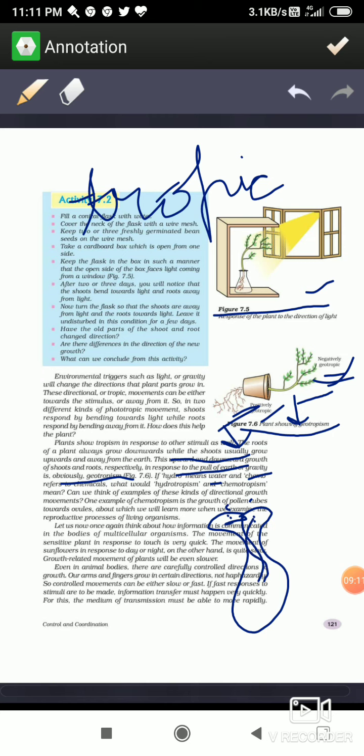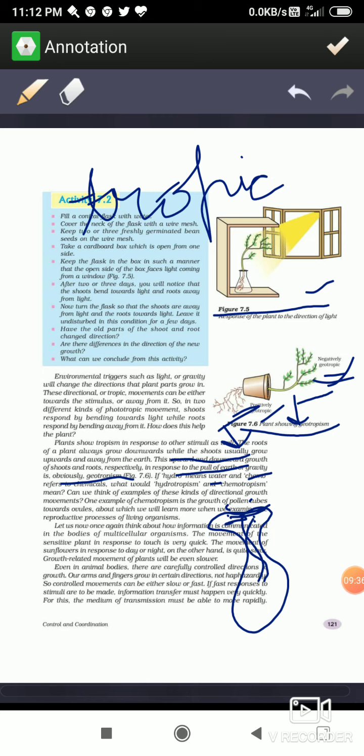But how do they recognize that this is the surface where they have to grow? This is just because of some kind of chemicals present on the surface of the stigma. So आपके स्टिग्मा पे कुछ ऐसे केमिकल्स होते हैं जो आपके pollen grains को ट्रिगर करते हैं कि अब आपको यहीं पर ग्रो करना है. So this is what chemotropism is, that is the movement of plant due to some chemicals.